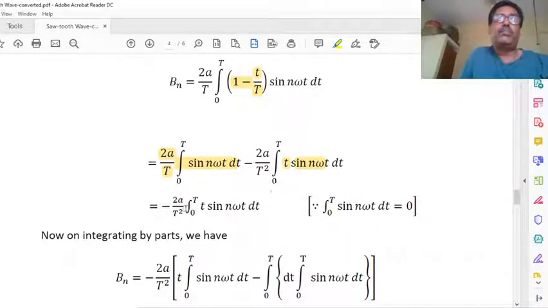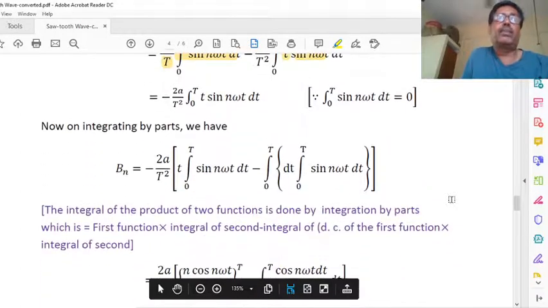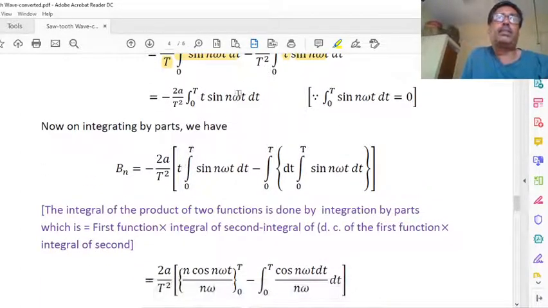First we integrate the second term and keep the first term as it is. See here, the first term is t. Integration of the sine term, sin n omega t, and minus integration of, under bracket, the differentiation of the first term, dt, and the integration of the second term.